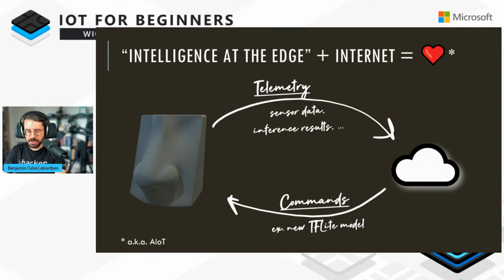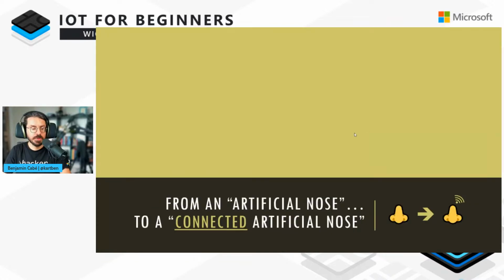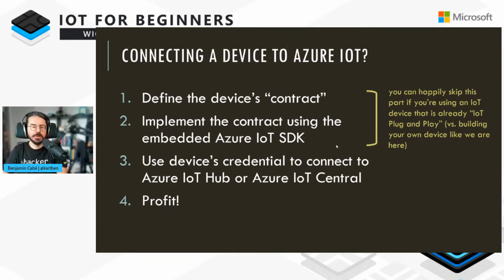And so in my case, what I ended up doing is connecting the nose to Azure IoT Central, going from an artificial nose to a connected artificial nose. And here, I'm essentially just connecting the dots between what Jim told you about in the previous sessions, which, if you missed, you can definitely find the on-demand versions on YouTube or on MS Learn.